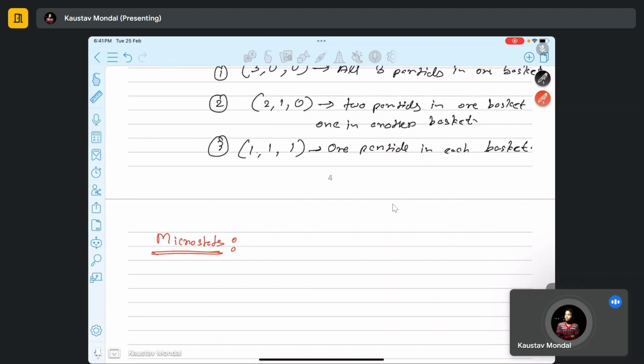How can we calculate the microstates? The microstate we have already discussed. A microstate basically represents a specific, unique way of assigning a particle into a basket.